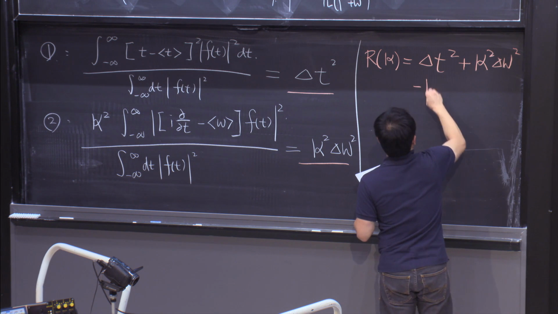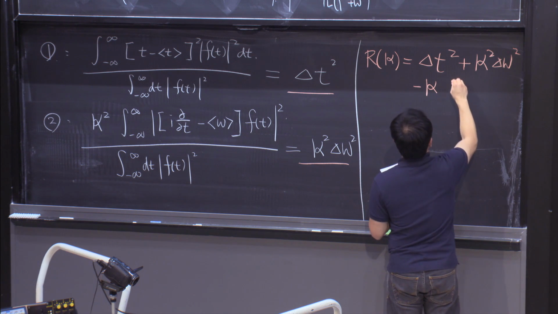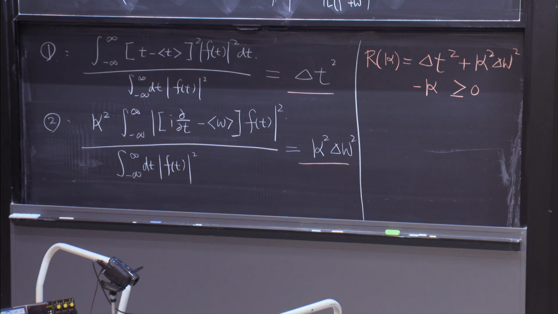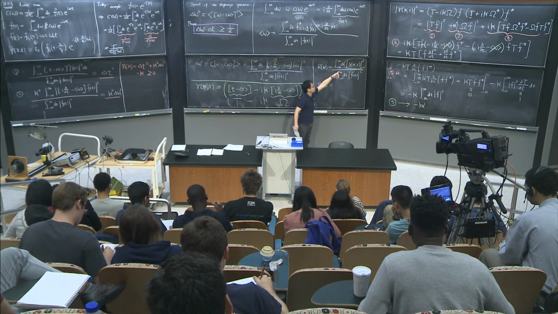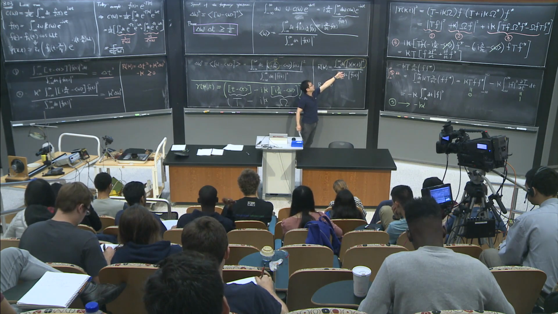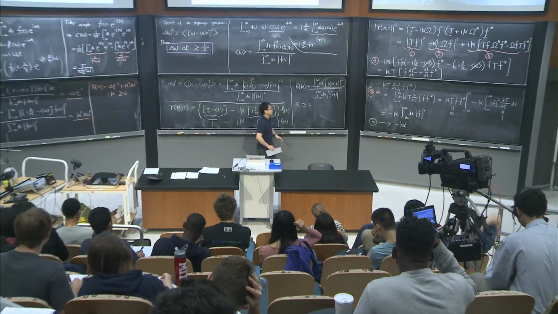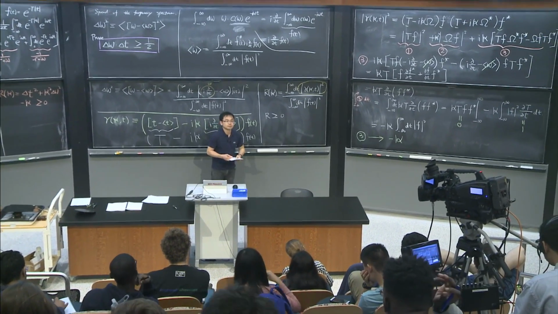And this will be greater or equal to 0, right? Because what I'm doing is actually summing all those positive functions and taking the ratio. Okay? Any questions?